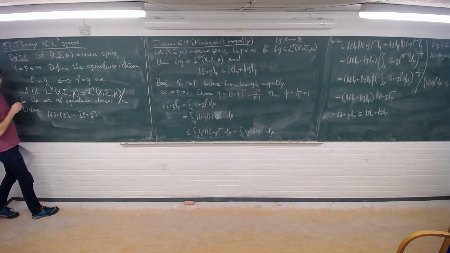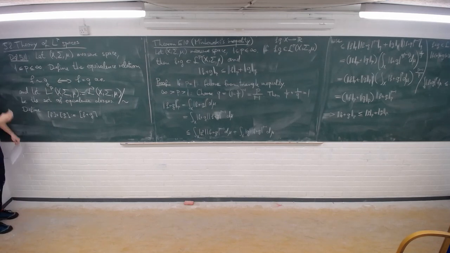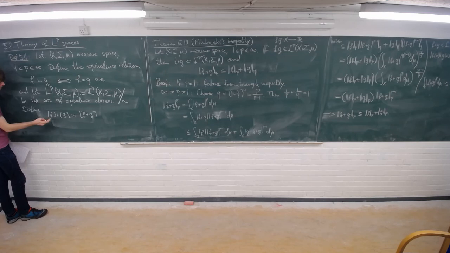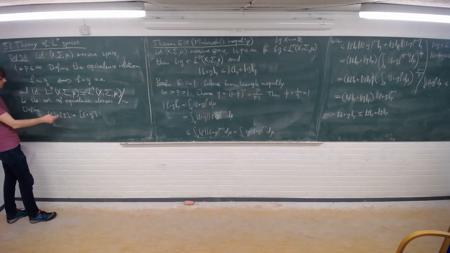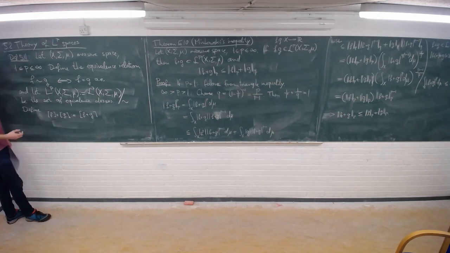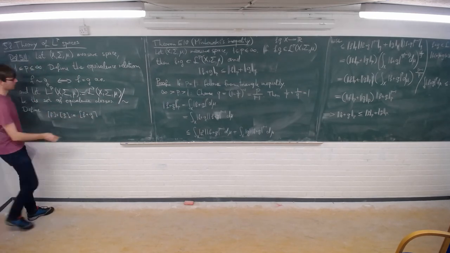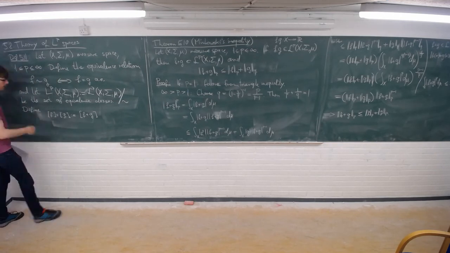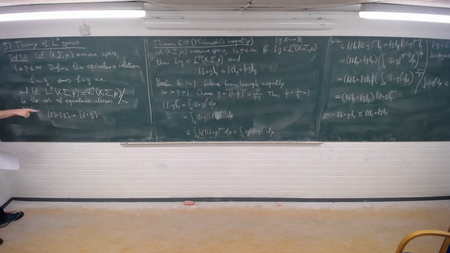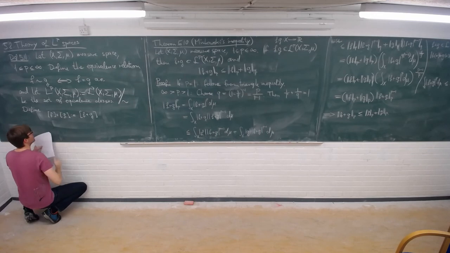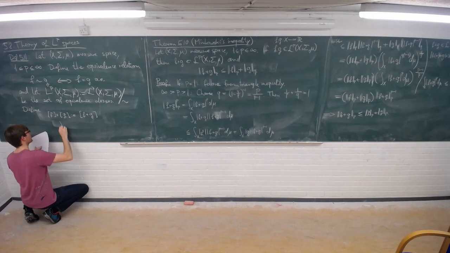So the sum of two equivalence classes, as always, is defined by choose a representative of the first equivalence class, choose a representative of the second, add the representatives, and then take the equivalence class of the sum. And we're going to show in a minute that this is actually well defined. And for the scalar multiplication, we do the same thing.